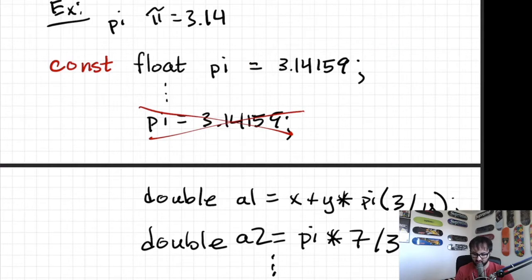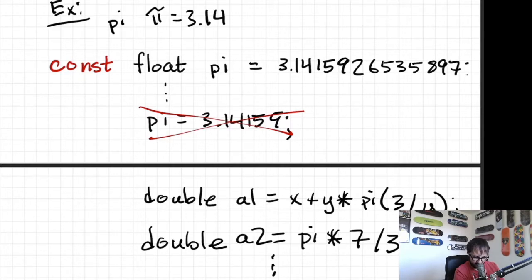Or say you need it even more precise, so let's get even more digits of pi. So let's say 3.14159265358979 into the nether.